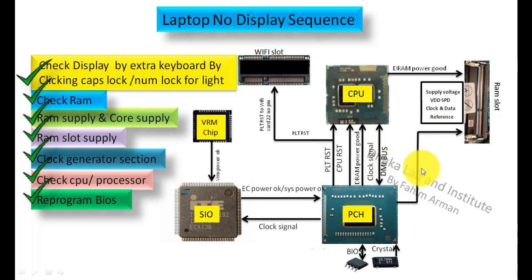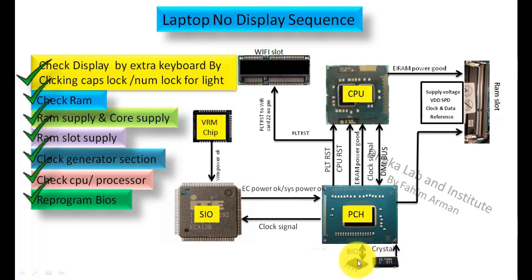Before that you should check the BIOS: are all the voltages okay or not? You should also check the crystal: is the crystal okay, and is it giving frequency or not? You should be clear about that.